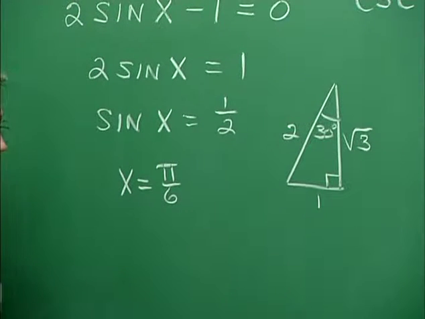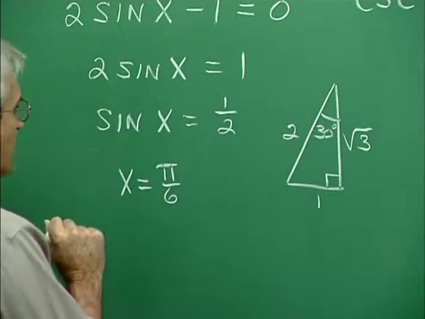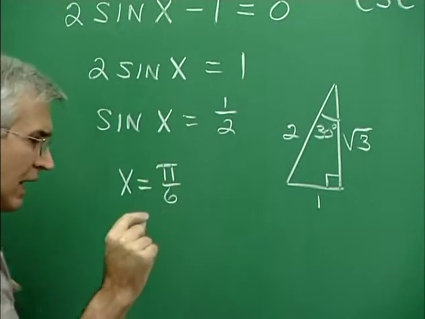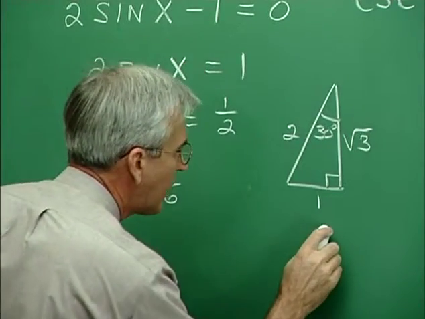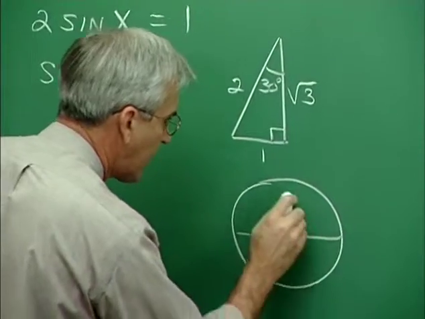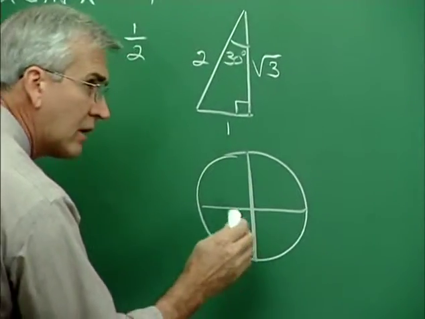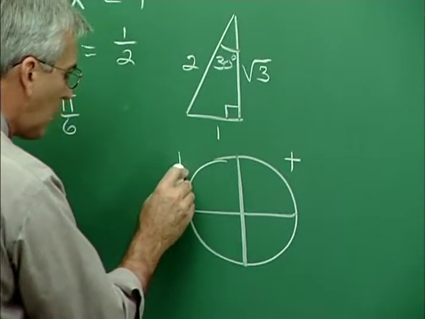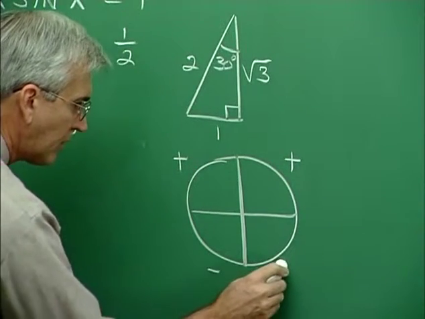Now, we want all the values of x that will make this true. And we know that if we examine the unit circle situation, sine is positive in this quadrant and in this quadrant, but negative in these two.